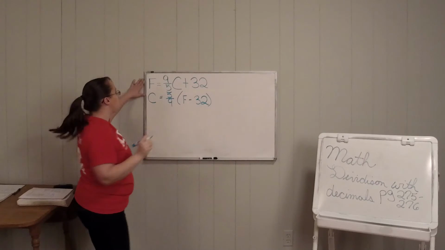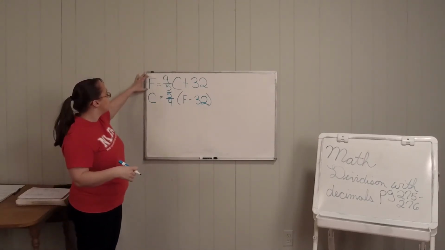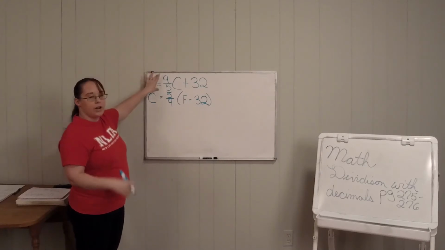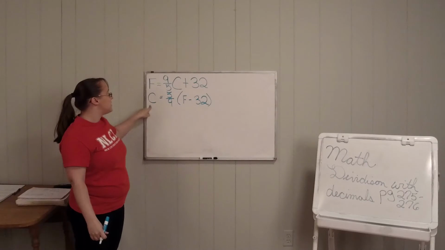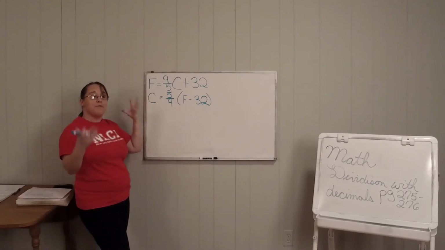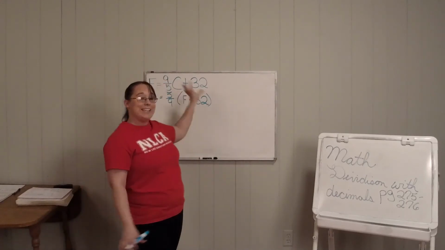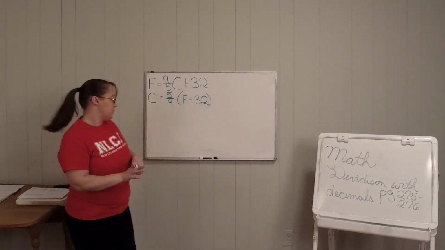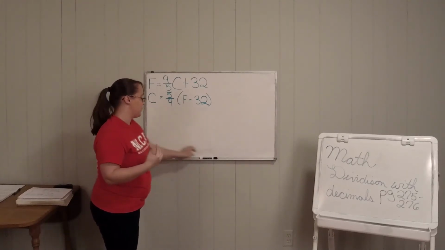So these are the 2 formulas that you can use. This one's when you're trying to find Fahrenheit because it gives you the Celsius. This one's when you're trying to find Celsius because it gives you the Fahrenheit. Guys, you've got to remember these formulas. That's the only hard part, is trying to remember the formulas.